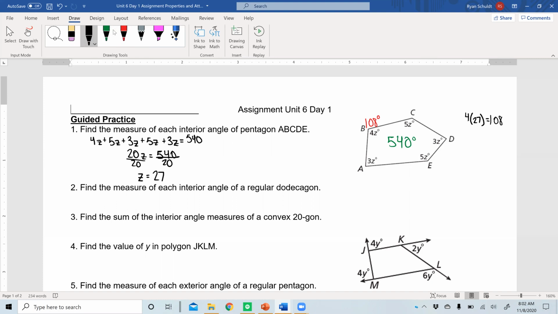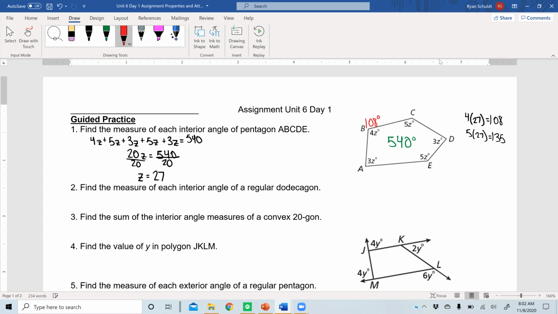Okay, well, what's 5 times 27? It's going to be 135.